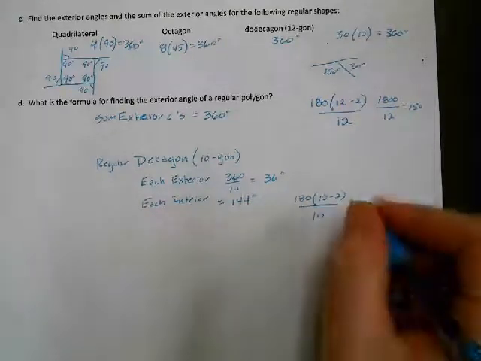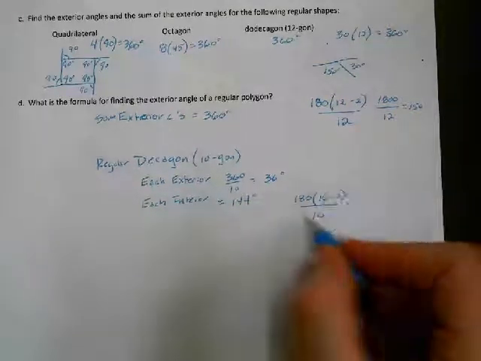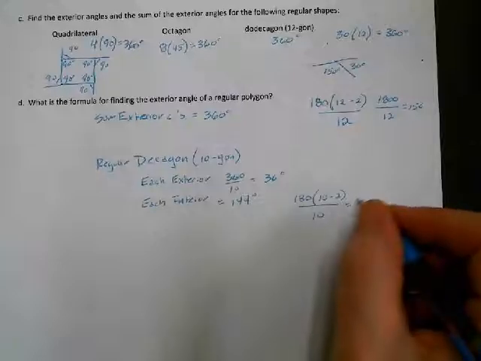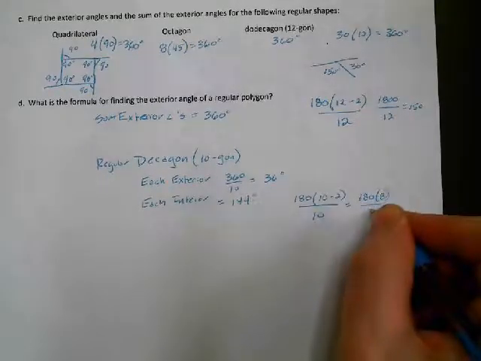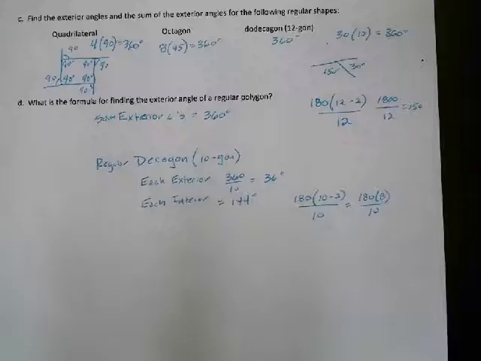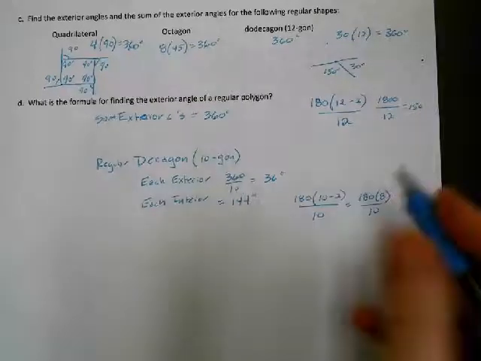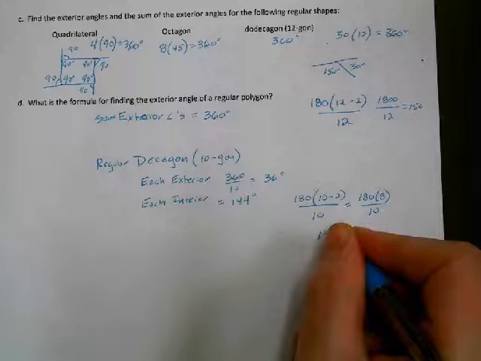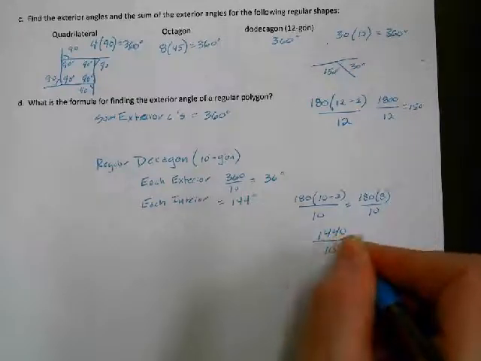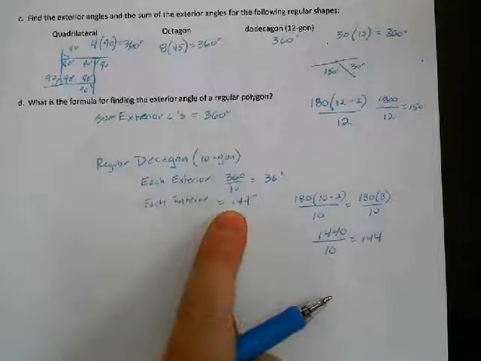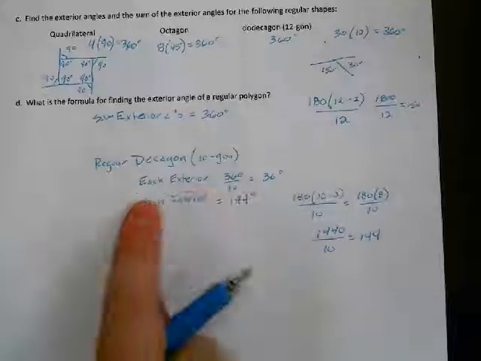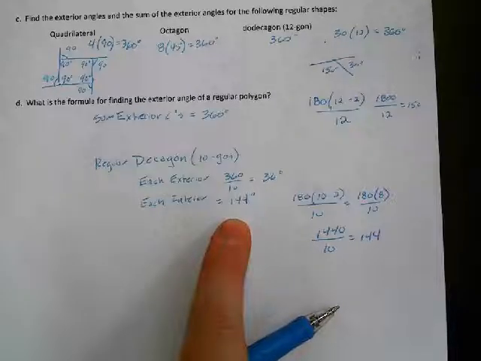We can do 180 times 8 divided by 10. 180 times 8 ends up being 1440. Divided by 10 is 144. The same answer I just got right here. So if we work from the exterior, there's a lot less work that we have to do. But we can use that formula that we developed on the other side.